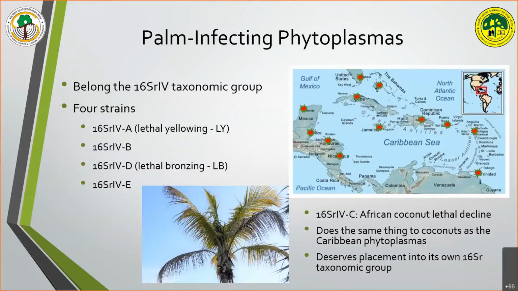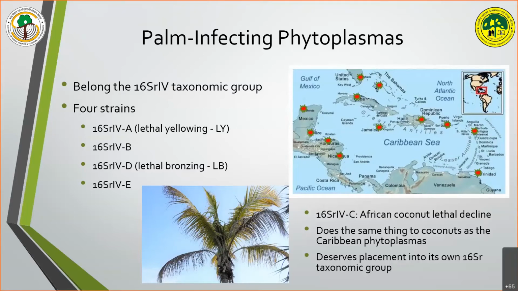phytoplasmas. There was another report of a subgroup F in Florida, but recently we've found that it's not a valid subgroup. And in one of the previous presentations, it was very exciting, where you mentioned that there was well-documented variability in the copies of these two regions within the genome, because what we found is this subgroup F was proposed based on RFLP analysis of 16S, and it looked like a distinct subgroup.